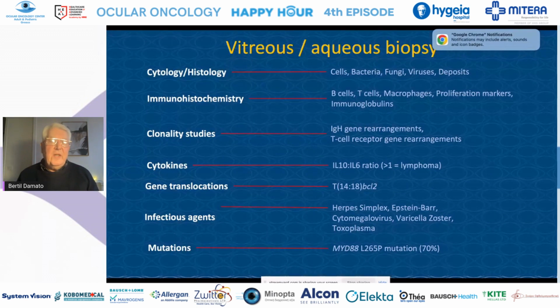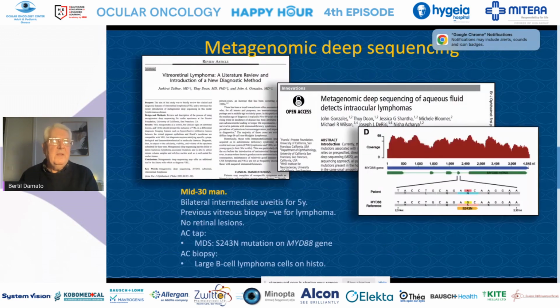Then there's the cytokines, looking at the IL-10, IL-6 ratio, which differentiates lymphomatous infiltrates from inflammatory infiltrates, gene translocations. Then you look for various infectious agents and mutation, the MYD88 mutation, which is found in about 70 or 80% of these patients.